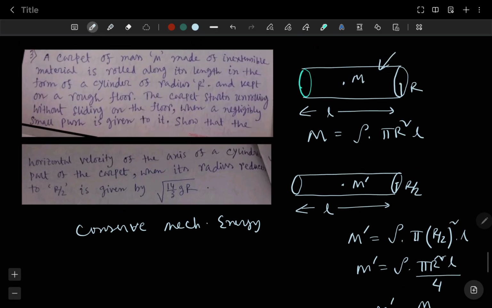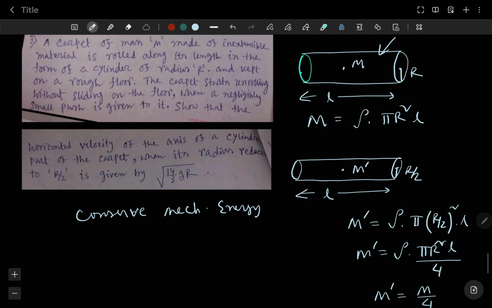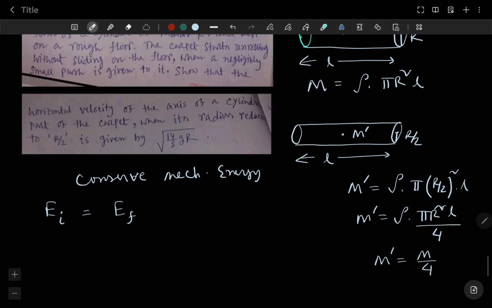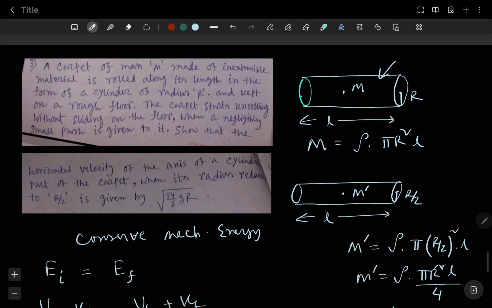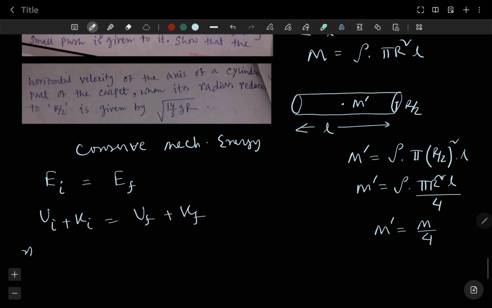Now the mechanical energy, initially call it EI and finally call it EF. So it is UI plus KI equals UF plus KF. Initially, what is the potential energy? Suppose from the ground it was at a height of R, the radius, so the initial potential energy is mgR.